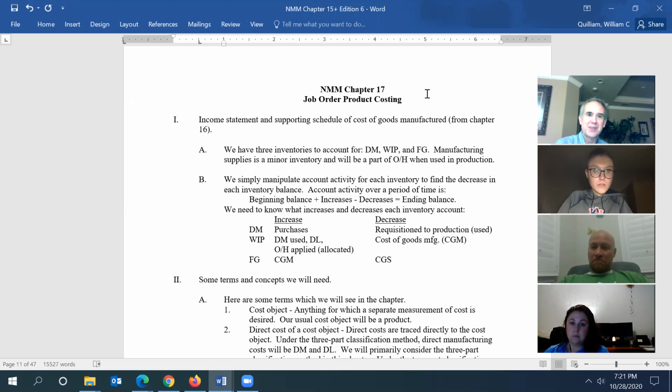I will be reviewing the rules for debits and credits, just so that we have an even path there for journal entries. Here in chapter 17, in the first part, there are some things that I can shortcut because we just saw them. One thing that I can shortcut in Roman numeral 1 is the income statement and supporting schedule of cost of goods manufactured, because we just saw them in chapter 16. But let me ask at this juncture, do you have any questions about that? Anything there?